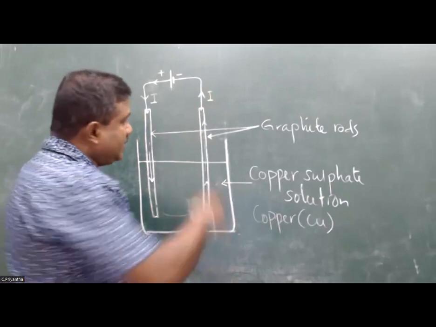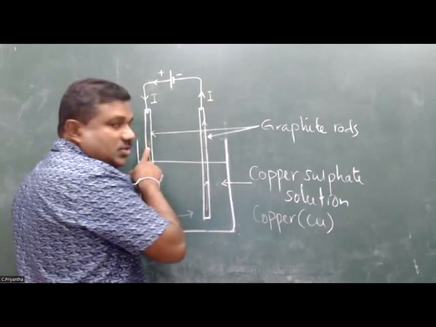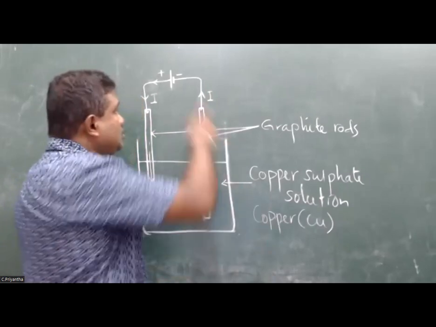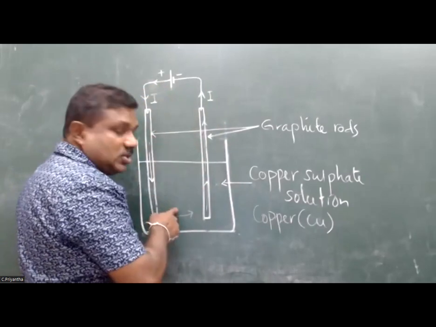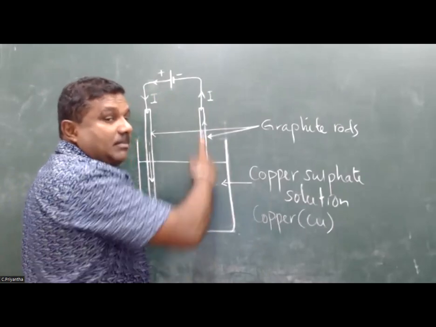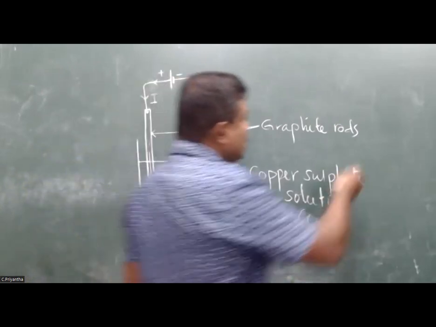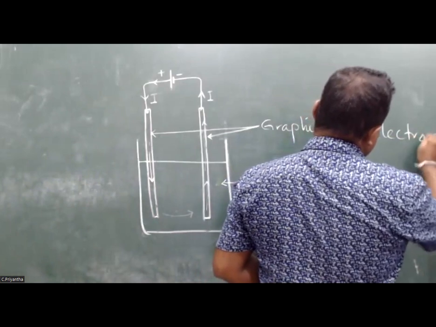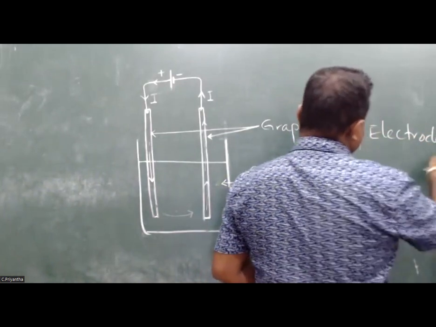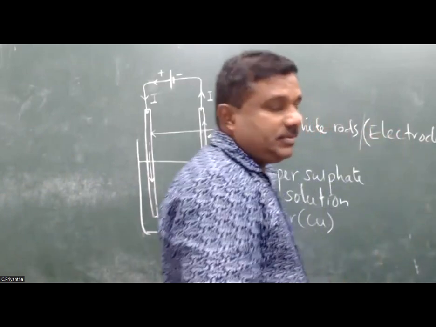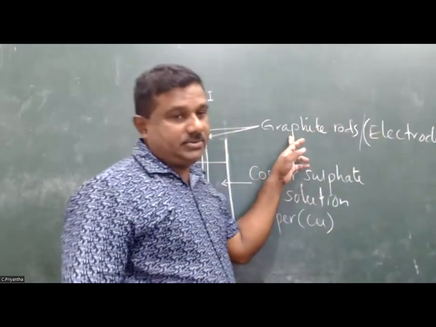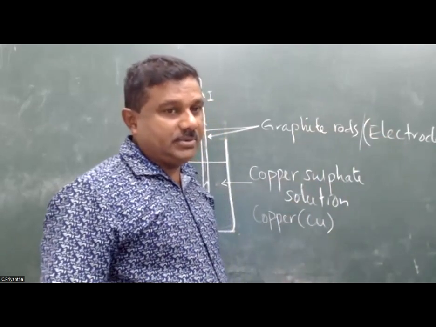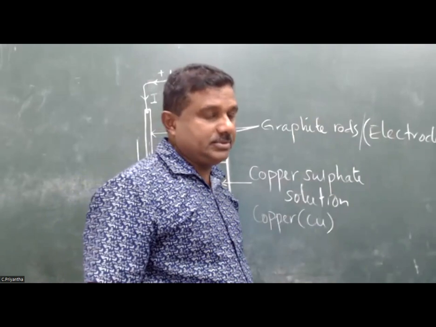These rods are the conductive rods through which electricity enters the solution and comes out of the solution, so they are known as electrodes. This is a carbon electrode or graphite electrode.